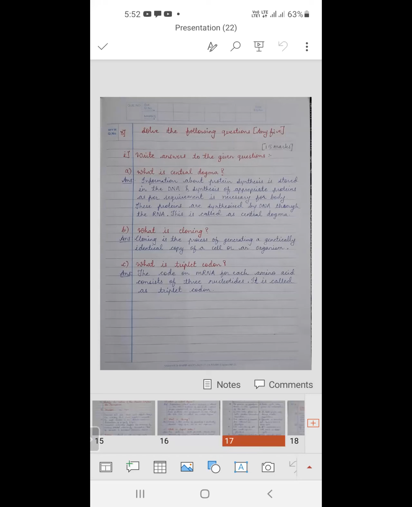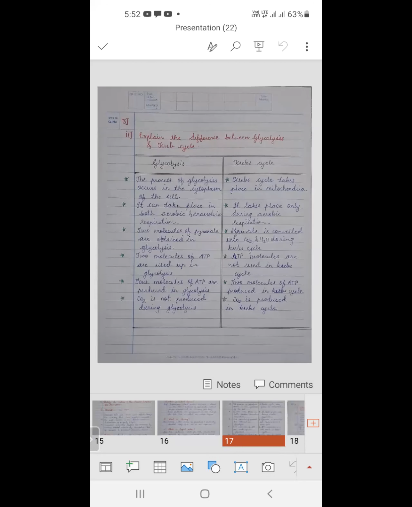So next one, that is second, explain the difference between glycolysis and Krebs cycle. You have to first make 2 columns, one for glycolysis and one for Krebs cycle.